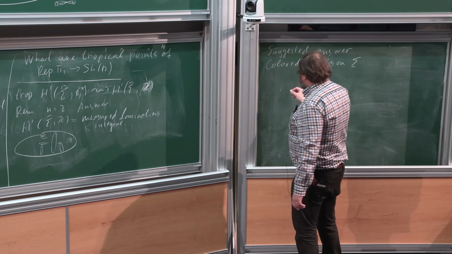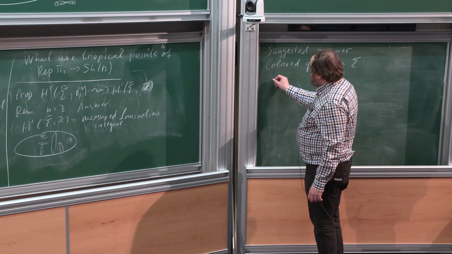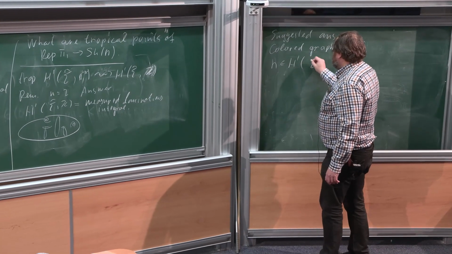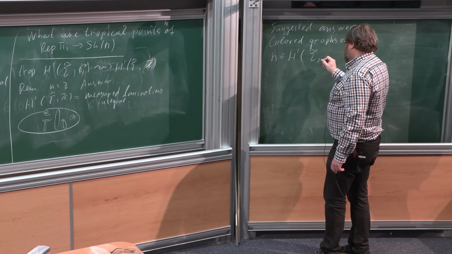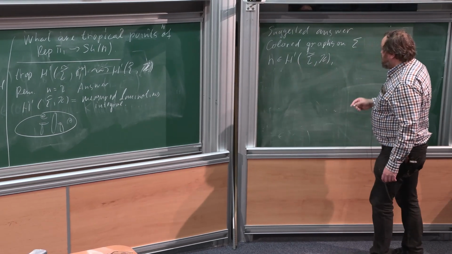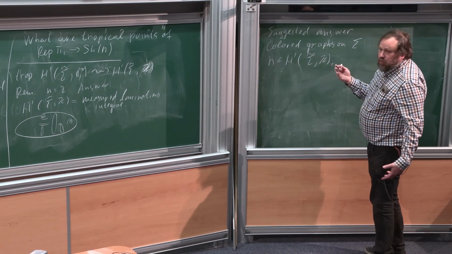values in Z? So, first of all, let's take H, which is H1, the first homology group of sigma tilde with values in Z. You can imagine that as a one form.